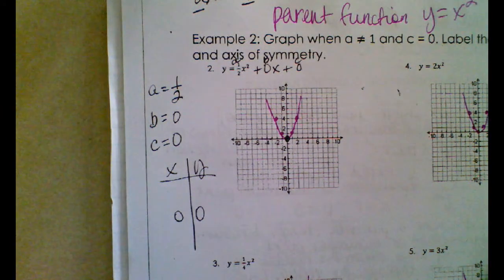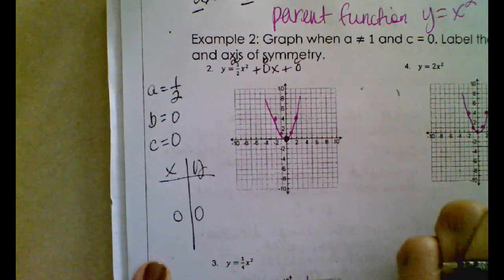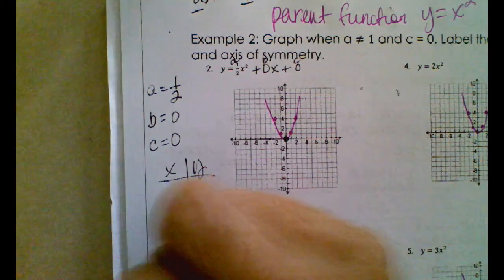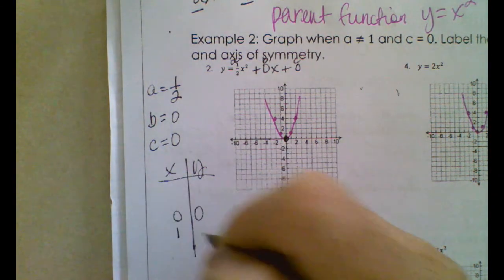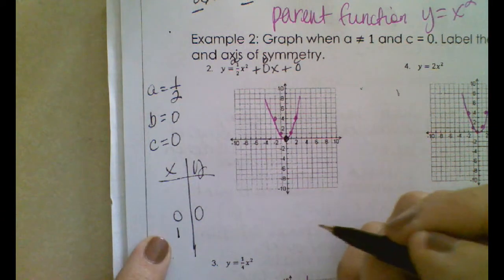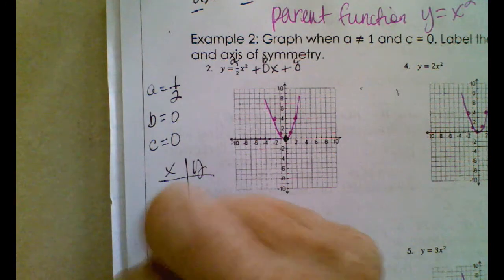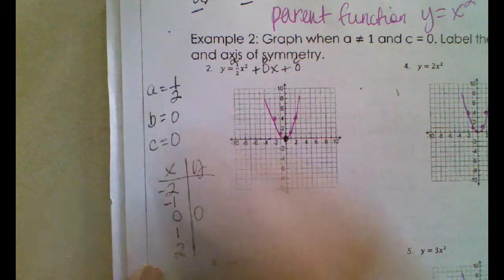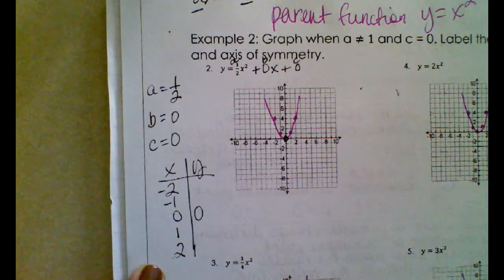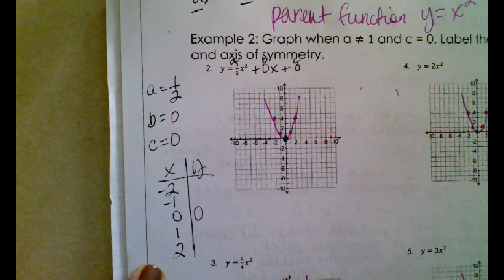So what's 1 above 0? 1. And what's 2 above 0? 2. What's 1 below? Negative 1. And negative 2. As long as your middle is 0, those are the numbers I would pick to graph.